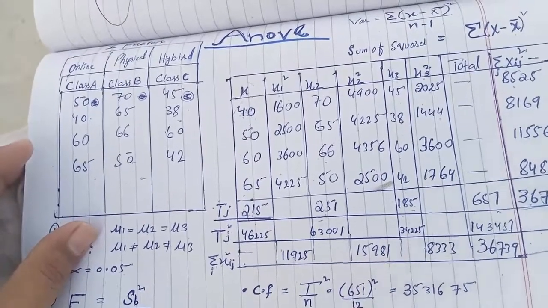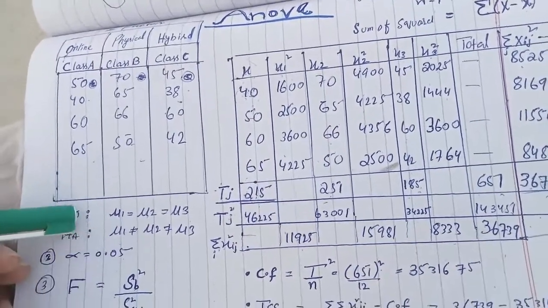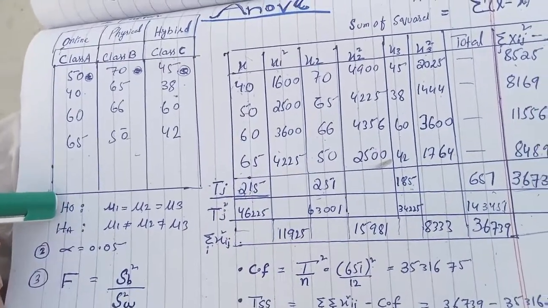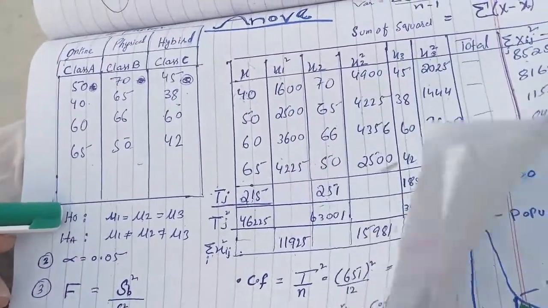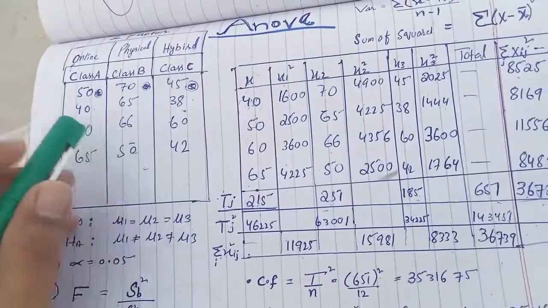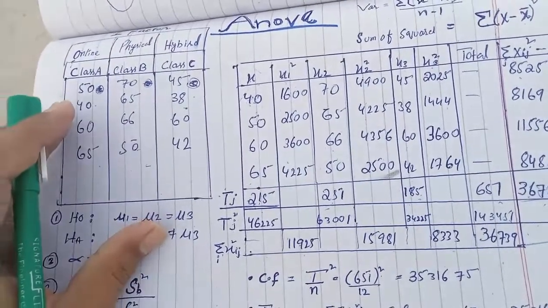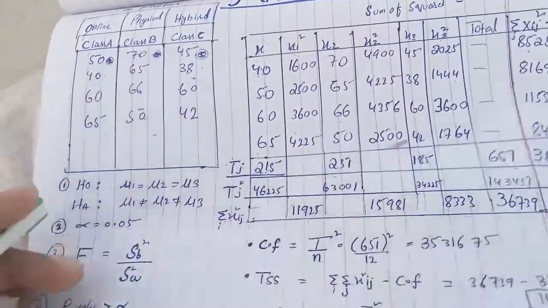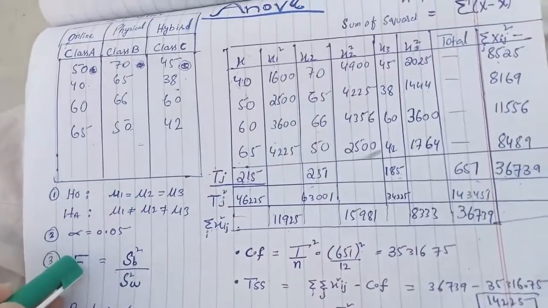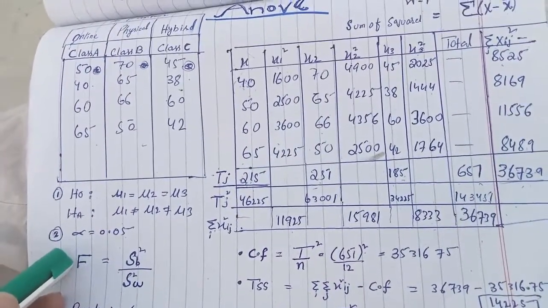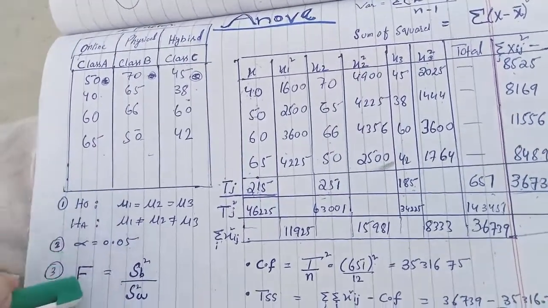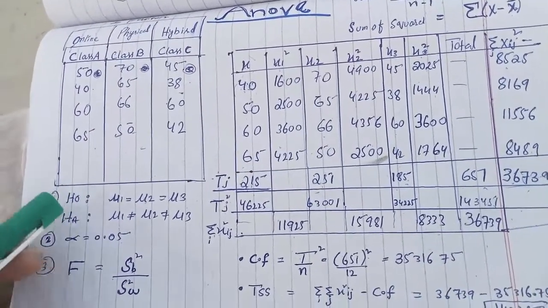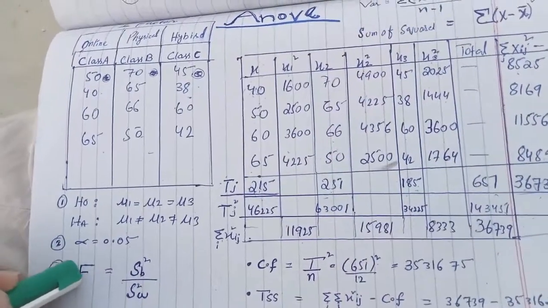Now how can we prove this? How can we support or reject the null hypothesis that there is no variation in the student marks? With the help of the F test. With the help of the F test we will be able to support or reject the null hypothesis. How can we calculate this F test?